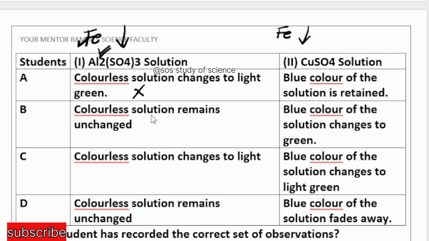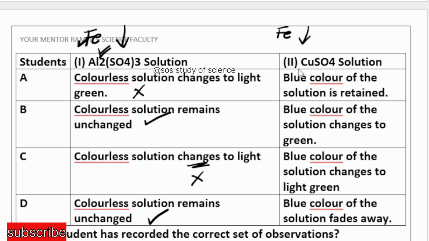Colorless solution remains unchanged. Yes, of course. Aluminum sulfate does not show any change. This is also telling that changes are seen, so it is wrong. So here you can see colorless solution remains unchanged. So B and D are the options which you have to choose. Among B and D, which is correct, you have to see.